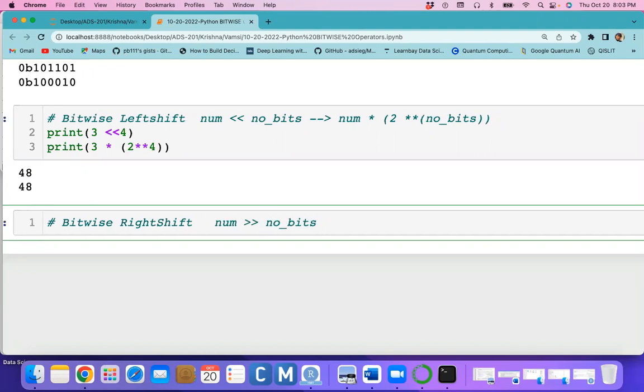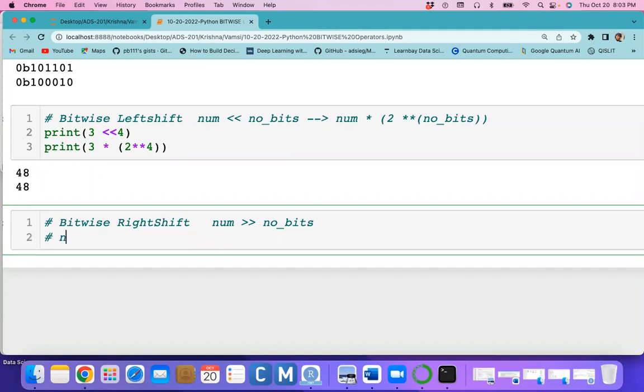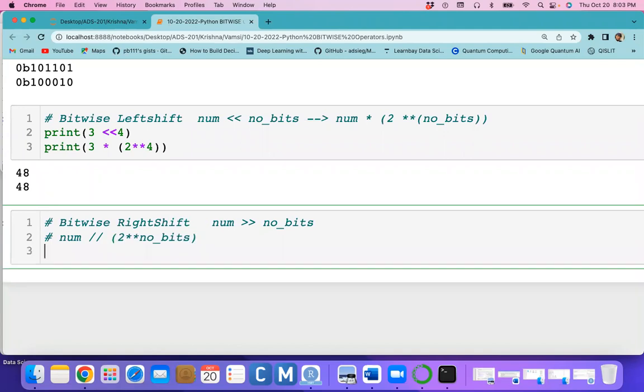The formula for this one is the floor division of the number by 2 power of the number of bits. You just need to remember it. So left shift is multiplication, right shift is division.